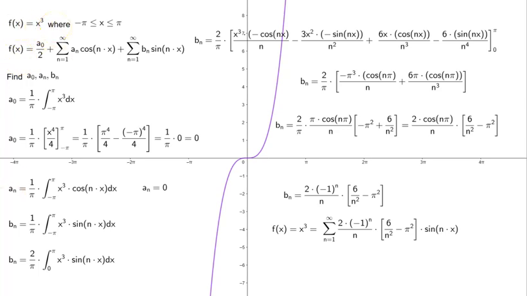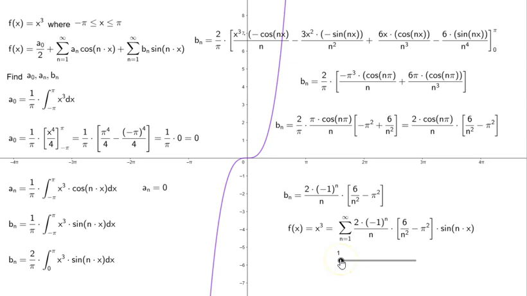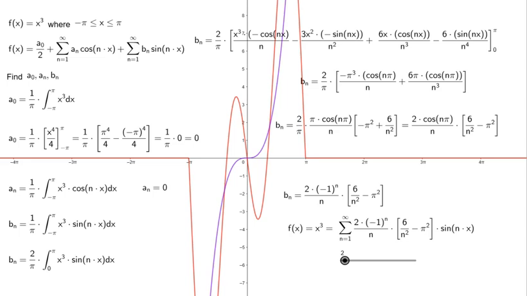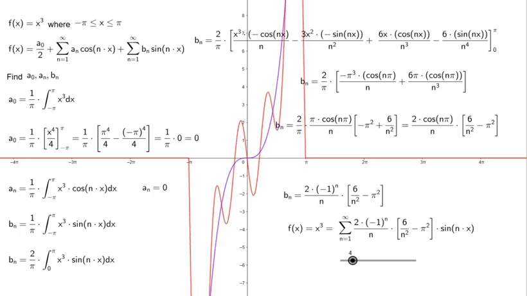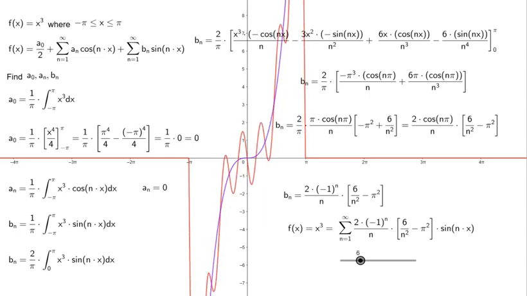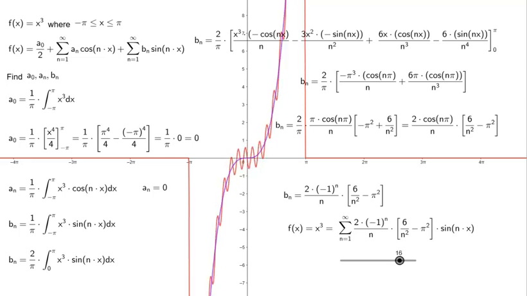Now let's see how it works. For one term, what do we get? We get this, nowhere near the x cube function. Now let's take 2 terms. Let's take 3 terms, 4 terms, 5, 6, 7, 8, 20 terms.